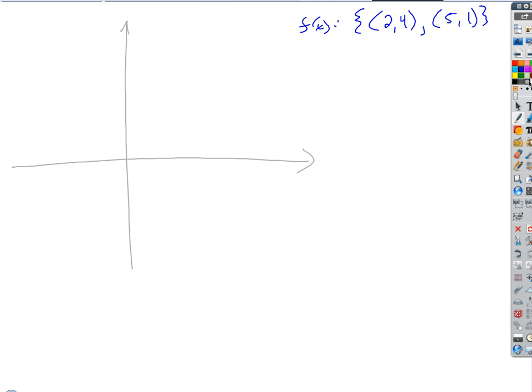So if we graph that, (2, 4) is over 2 and up 4, that's right there. And (5, 1) is over 5 and up 1, that's right there. Okay, what does the inverse of that function look like?